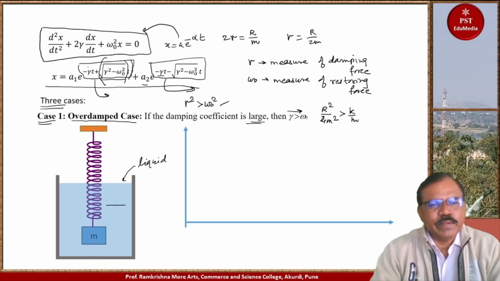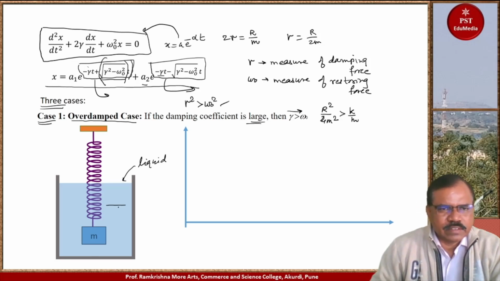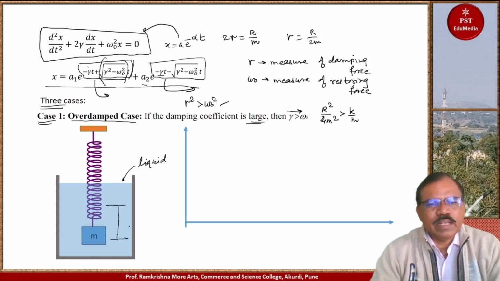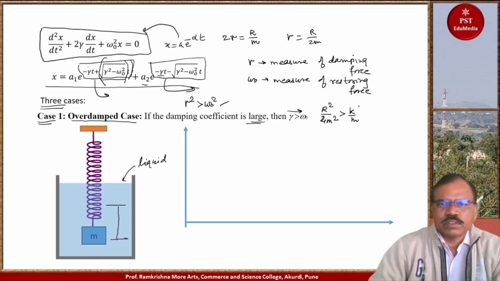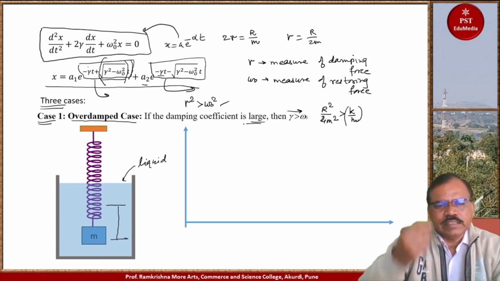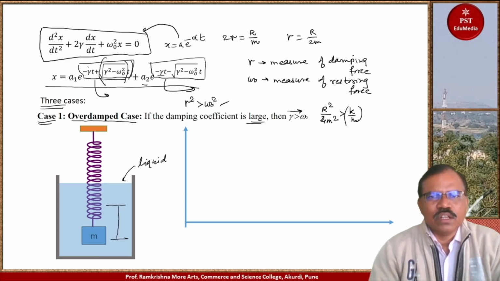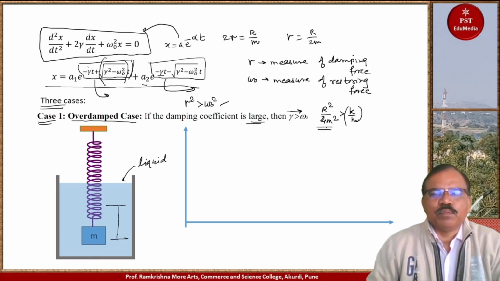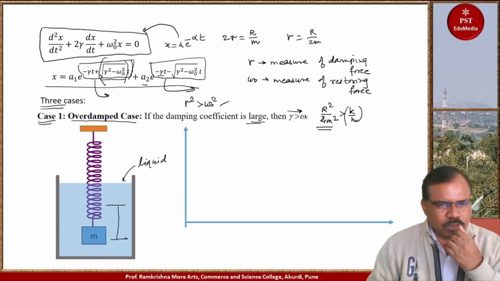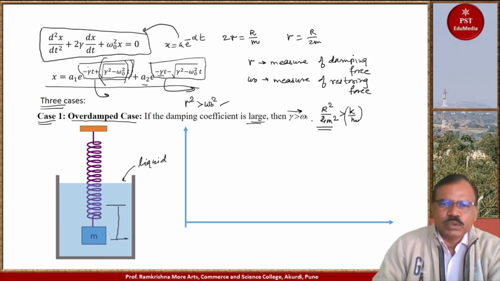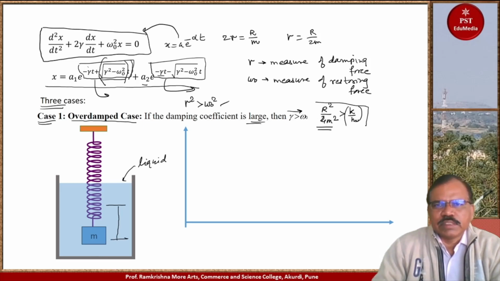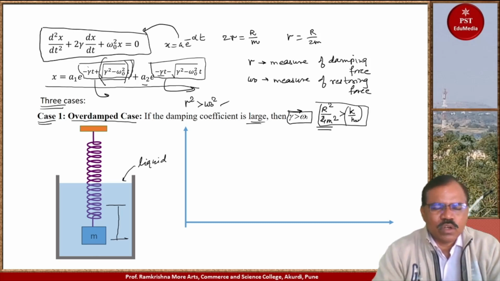If we extend and release, due to the restoring force acting towards the equilibrium position, the oscillator will try to go towards equilibrium, while the damping force opposes its motion and is proportional to velocity. Here r square upon 4m square is greater than k by m, or gamma is greater than omega 0. This is called the over-damped case.